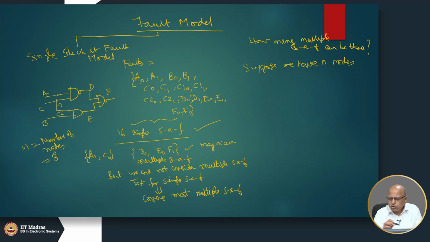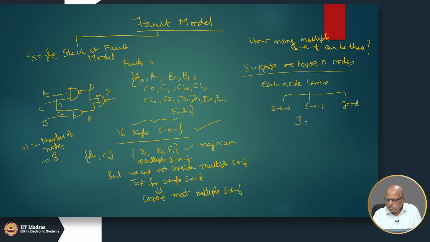Okay. So, if you have n nodes, each node can be stuck at 0 or stuck at 1 or good. That means it is not stuck at 0 or stuck at 1.